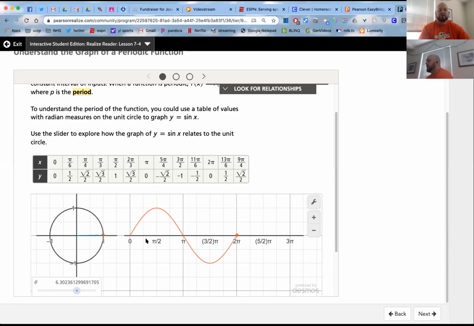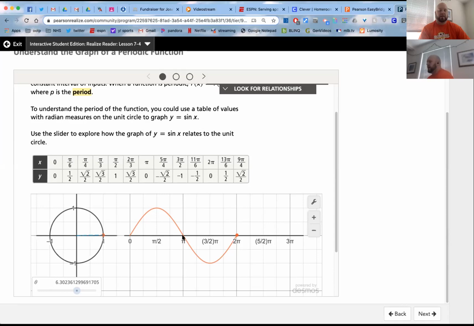So the key features of a sine graph are that at 0, you start at 0. So you have the point 0, 0 on a sine graph. When you get to the top of your circle, that's a pi over 2 angle. Then you're at the point 1. So we have pi over 2, and we're up here at the value of 1. When we make a half circle, we get over here to the angle of pi, and we're back at a y value of 0.